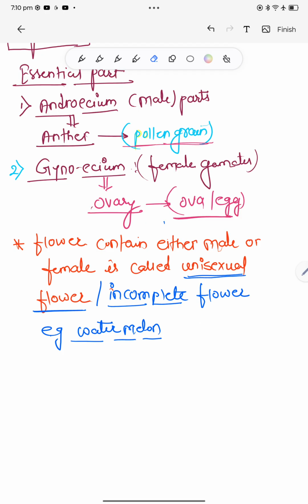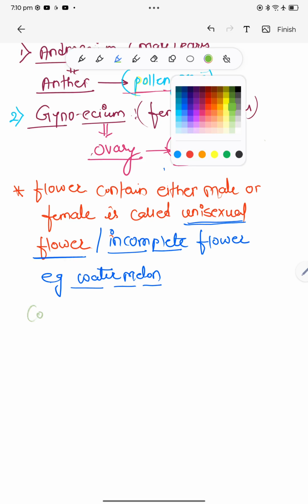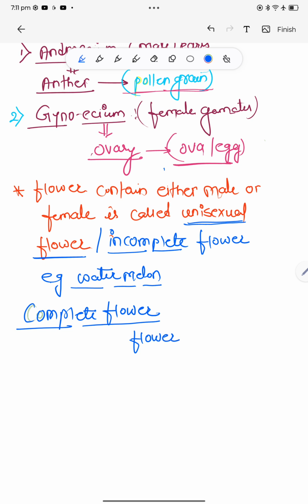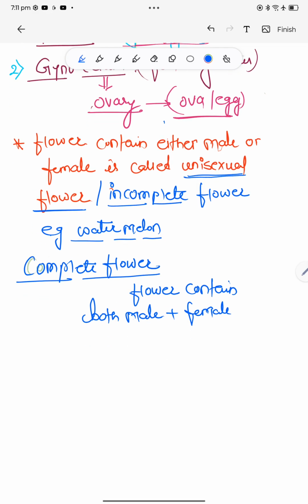Now the complete flower: the flower which contains both male and female reproductive parts, both male and female gametes, is called a complete flower.